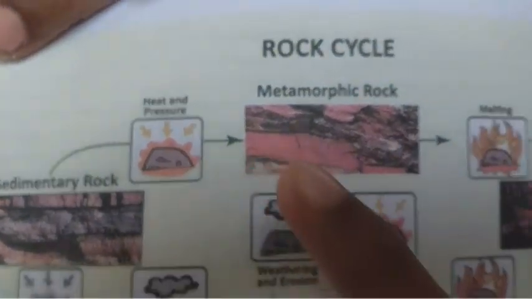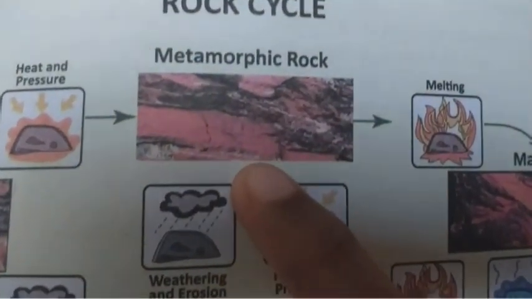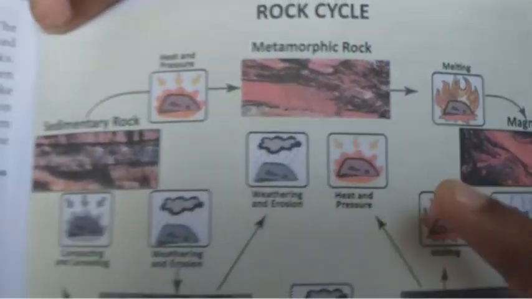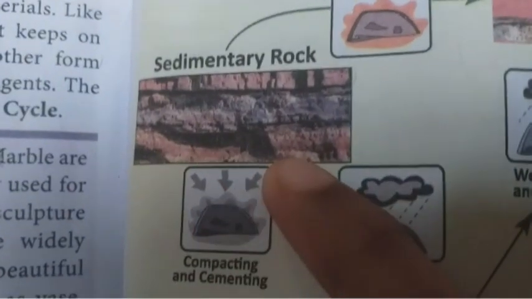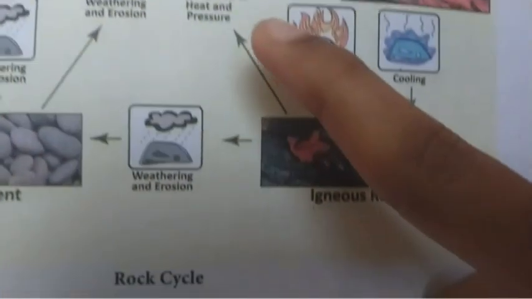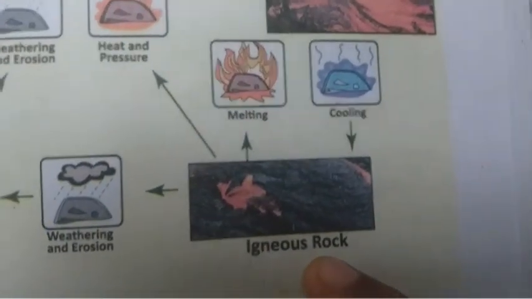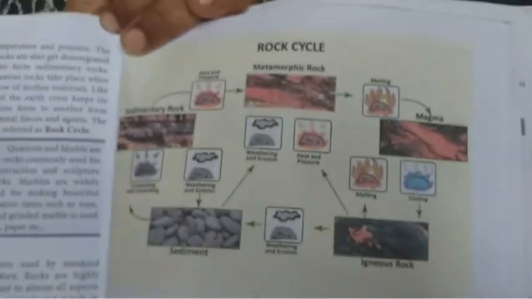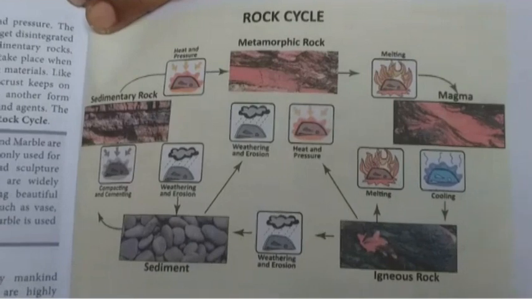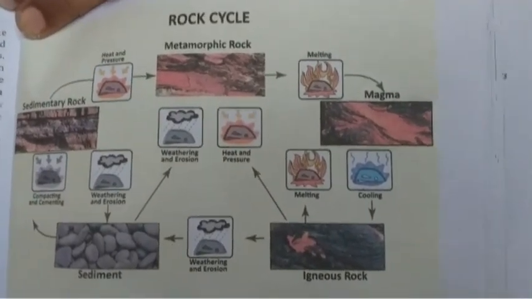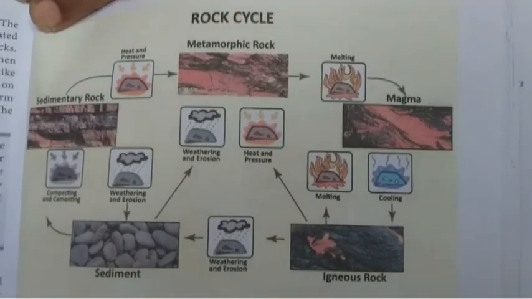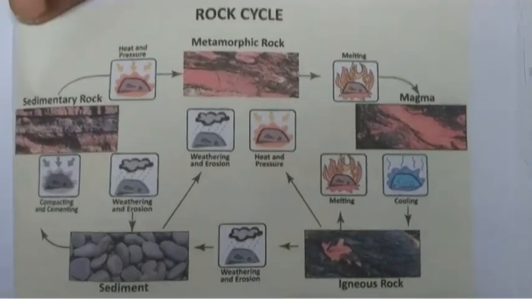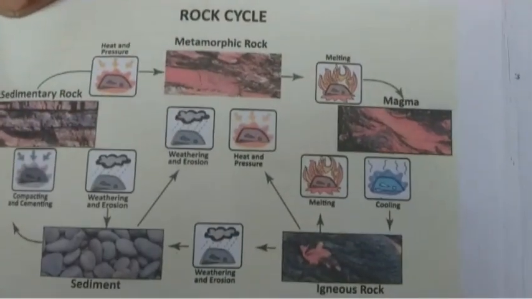The metamorphic rocks also get disintegrated and deposited to form sedimentary rocks. Formation of igneous rocks takes place when there is an outflow of molten material. Like this, the rock of the earth's crust keeps on changing from one form to another under various natural forces and agents. This endless process is referred to as the rock cycle.